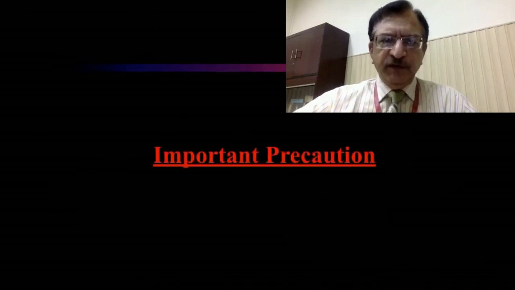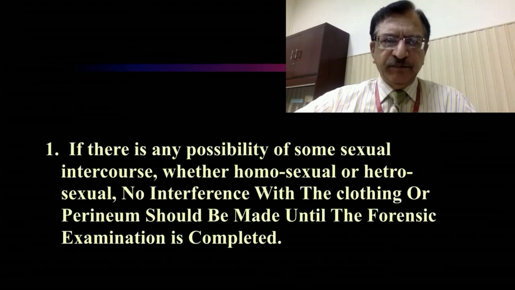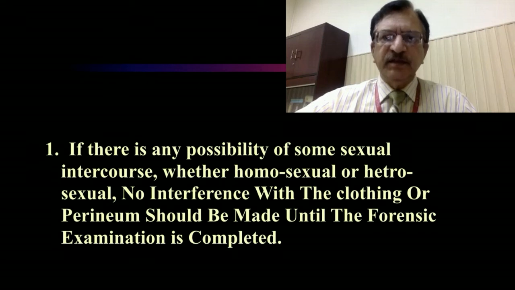The important precaution in this regard is, if there is any possibility of sexual assault, sexual intercourse, whether homosexual or heterosexual, no interference with the clothing or the perineal region should be made until the forensic examination is complete.